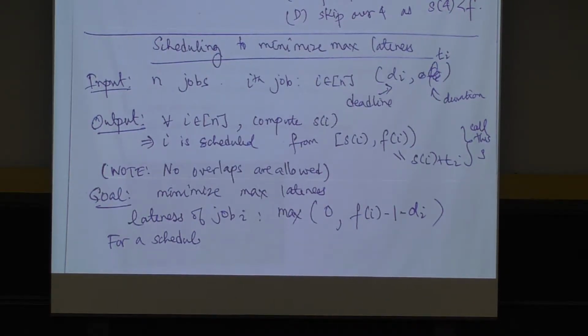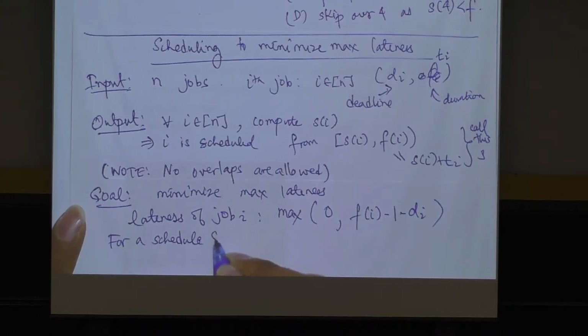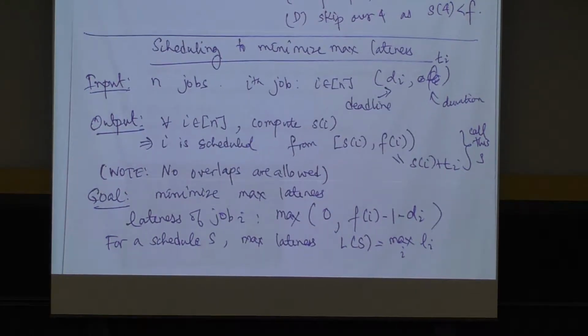For this problem, in a schedule you have to specify the start time of each interval. So for a schedule S, max lateness, which we'll denote by L of S, is just the max of the individual lateness for each job.